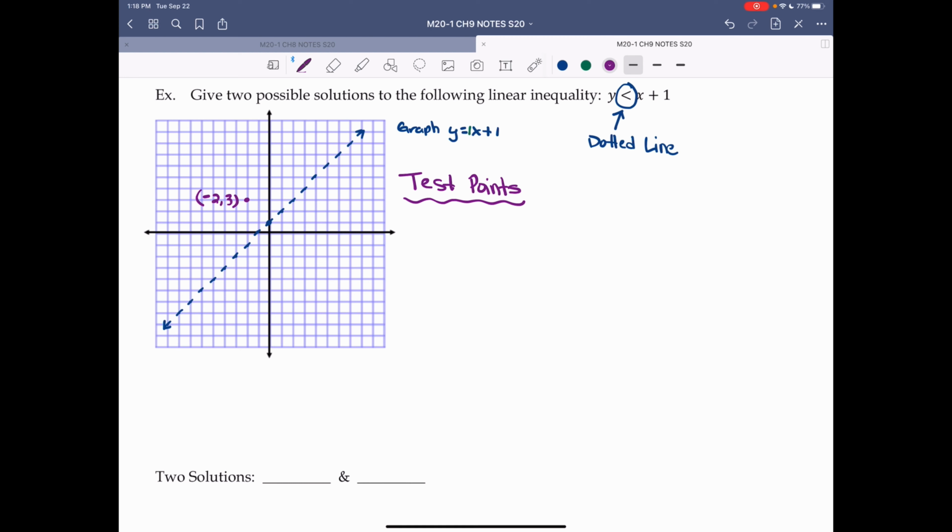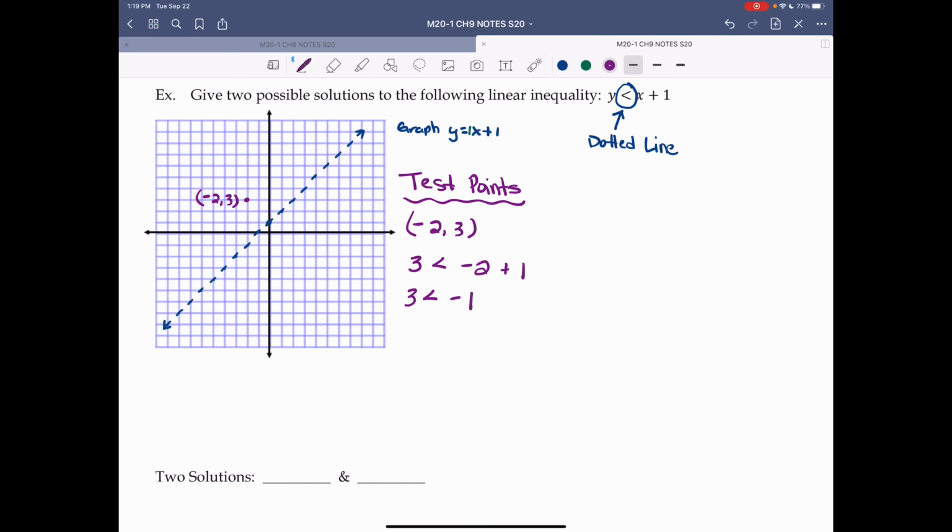Okay, -2, 3. To test the point, we're just subbing it into our inequality and seeing if it's true. Y, which is 3, is less than x, which is -2, plus 1. 3 is less than -2 plus 1, which is -1.